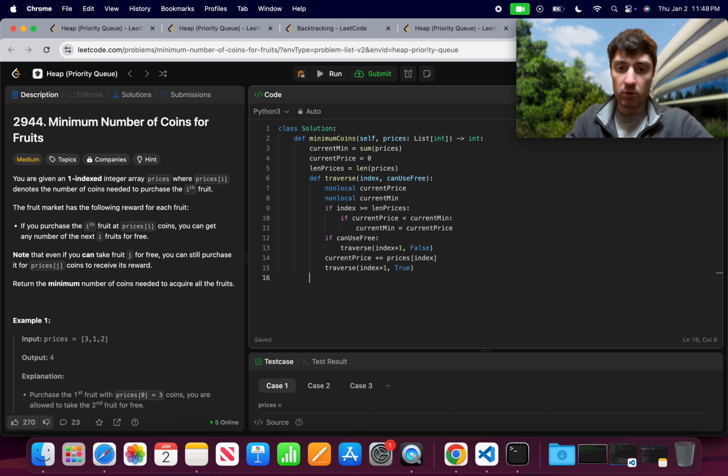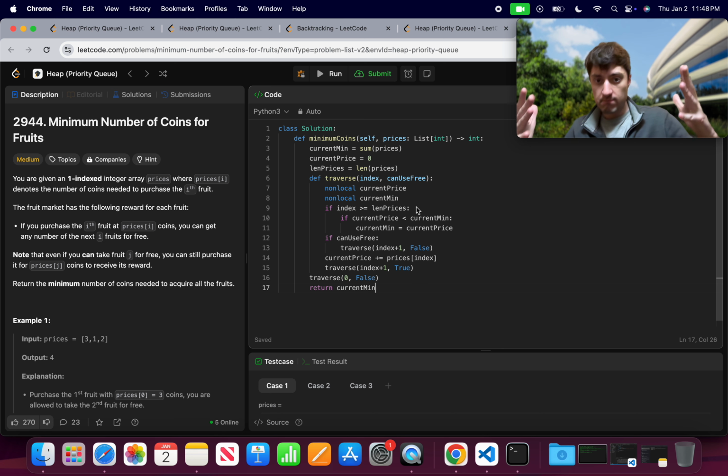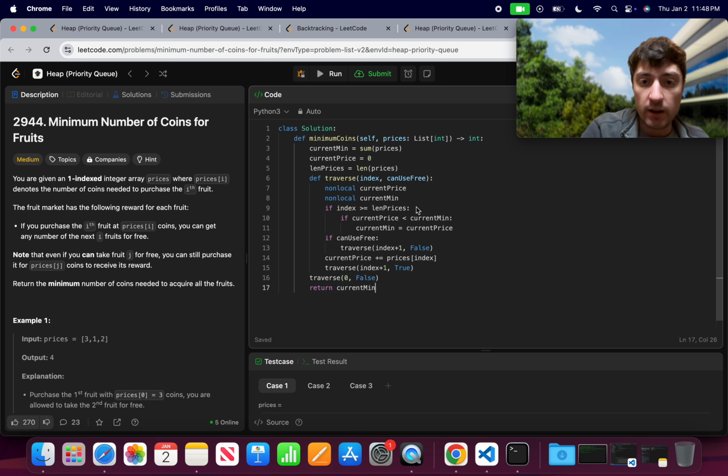Then I just want to traverse, and we're starting at the 0th index. Can we use the 0th index for free? No, so false. Now we return current min.